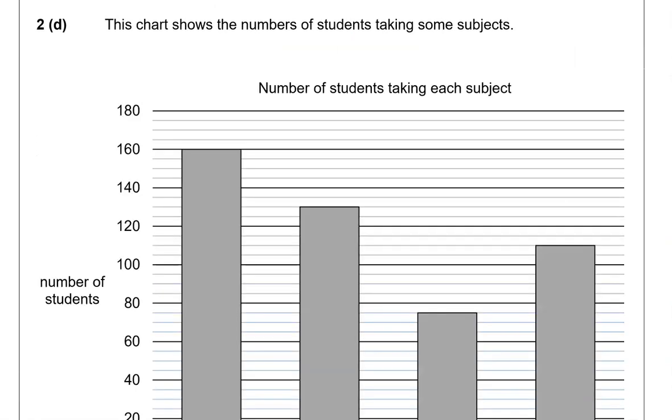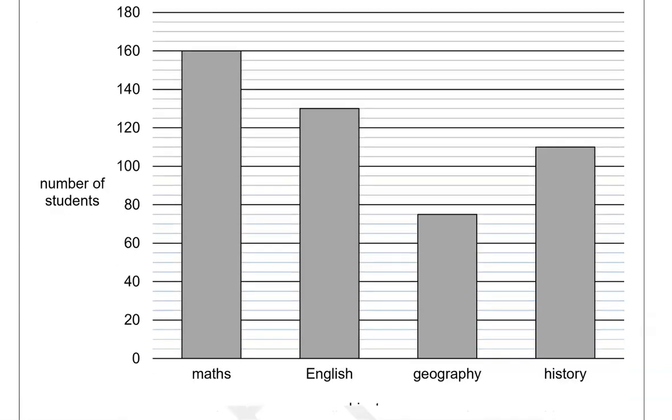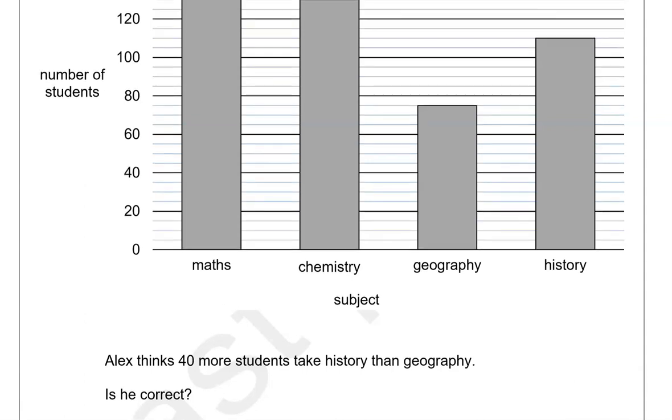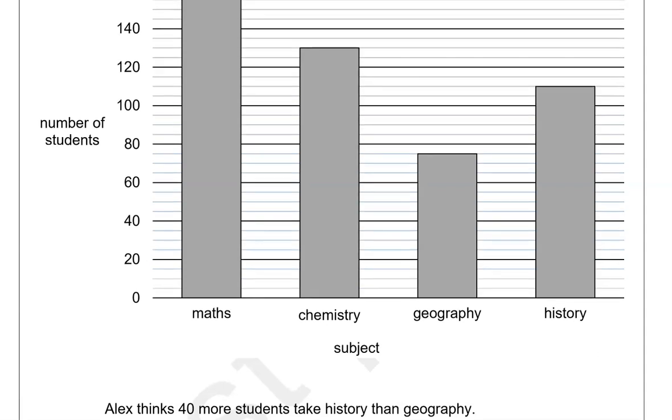This chart shows the numbers of students taking some subjects. Alex thinks 40 more students take history than geography. Is he correct? Give a reason for your answer. So we're comparing history with geography.